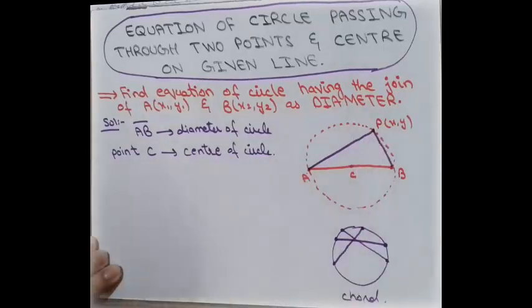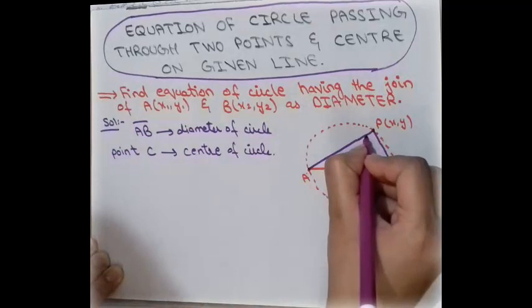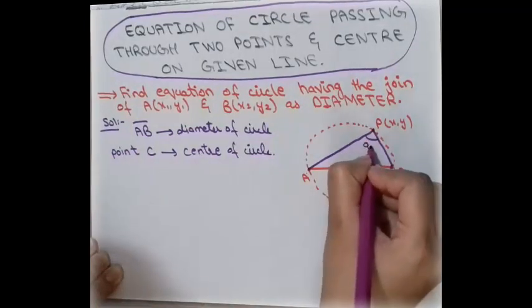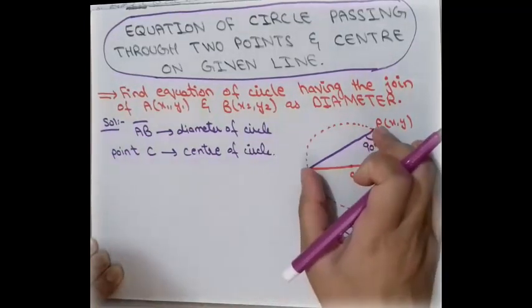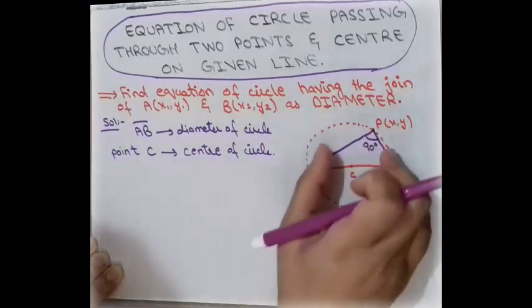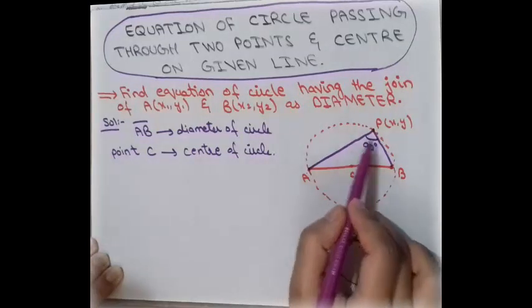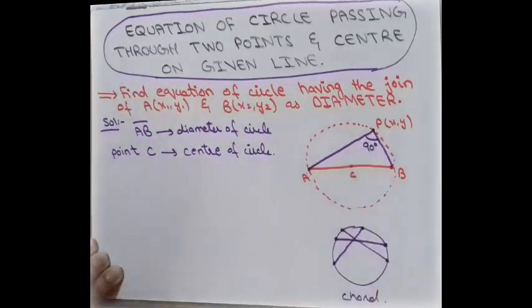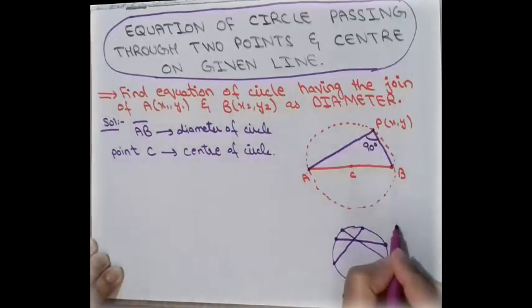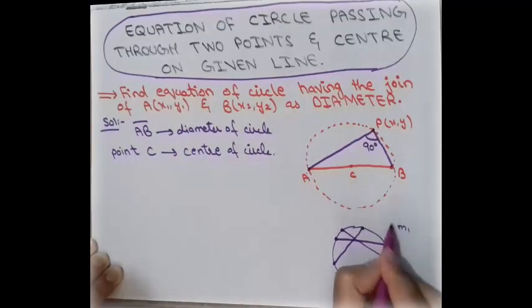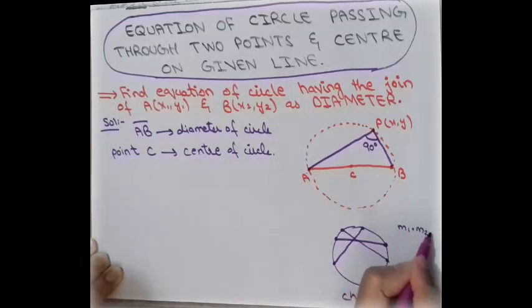This means the angle between them is 90 degrees, so the line AP and the line BP are perpendicular. The condition of perpendicularity of 2 lines, as we will discuss in detail in a further lecture, is that if we multiply both slopes, the result will be -1. So we use this fact.